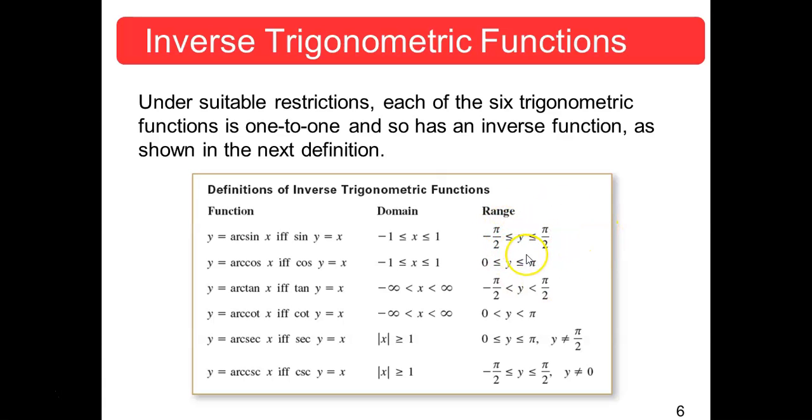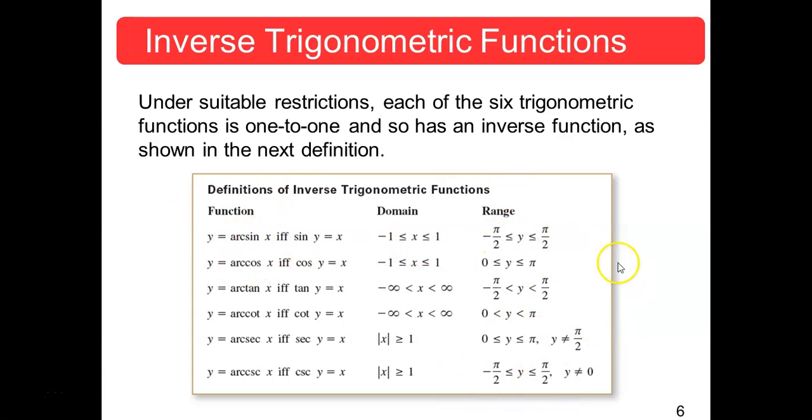There's a bunch of different domains that you can use when restricting these trig functions. These are the more basic ones that we use, kind of the parent domains, if you will. These are the domains that we usually go off of whenever you go on your calculator and take arcsine and things like that.